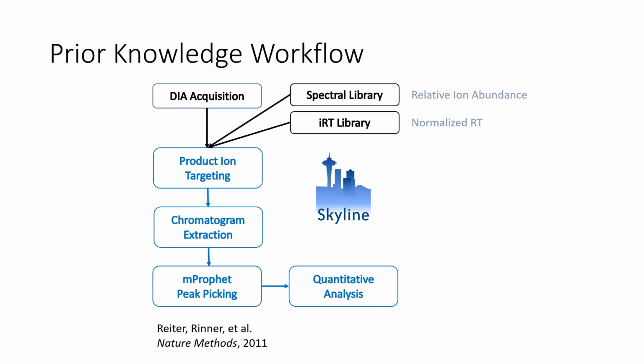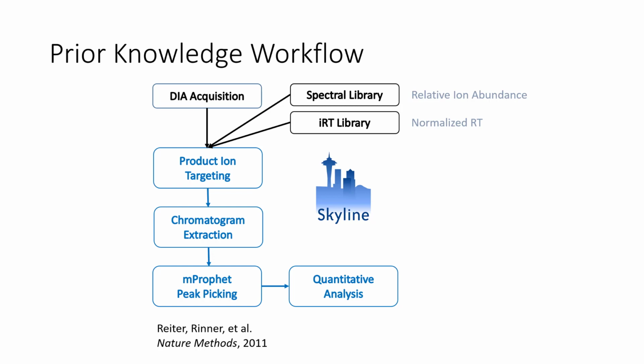Then you chose your product ions, the ions that you're going to target. So you chose a very limited set in the one that you did on your own using these tutorial papers. You chose product ion targets.